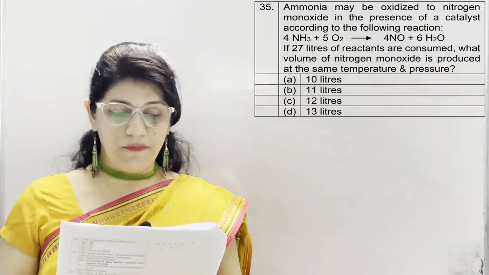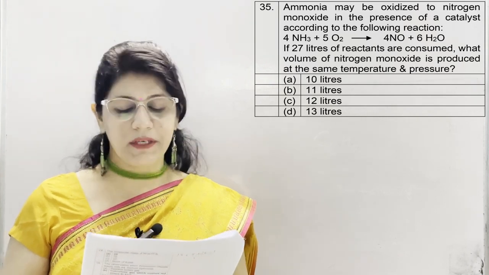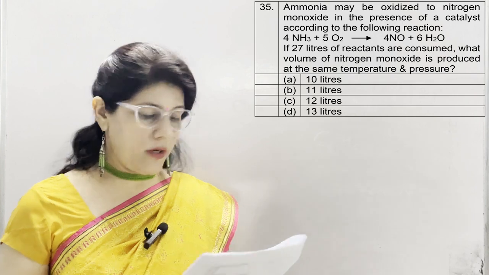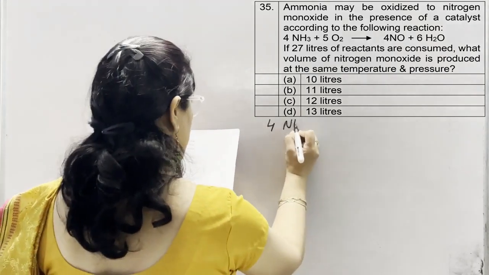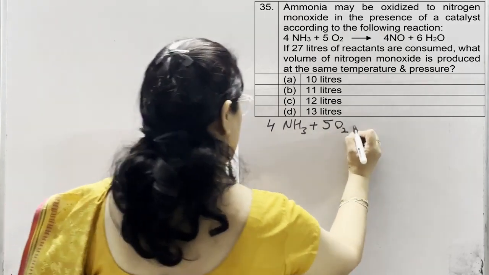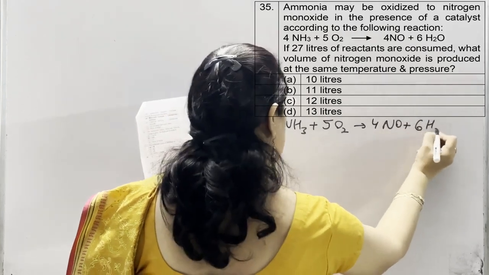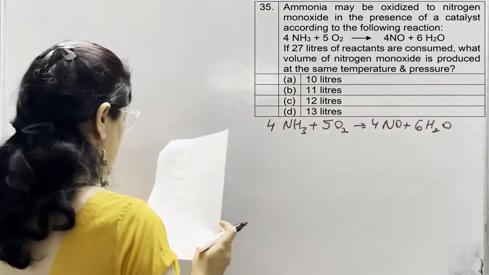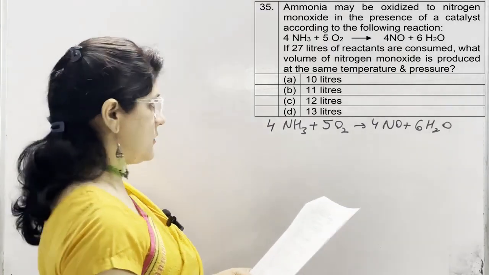In question number 35, ammonia may be oxidized to nitrogen monoxide in the presence of a catalyst according to the following equation: 4NH3 plus 5O2 gives 4NO and 6 molecules of water. Again given, if 27 liters of reactants are consumed.